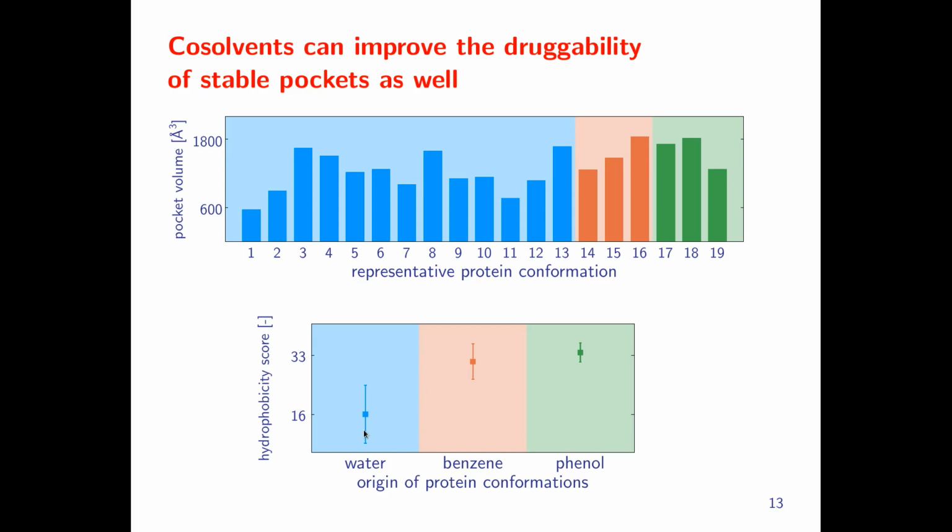So this indicates that this pocket is more druggable for these cosolvent conformations. As a conclusion, this is ample evidence that using cosolvent simulations is advantageous even if well-known stable pockets are investigated, since these simulations are able to provide more open, more druggable binding sites.